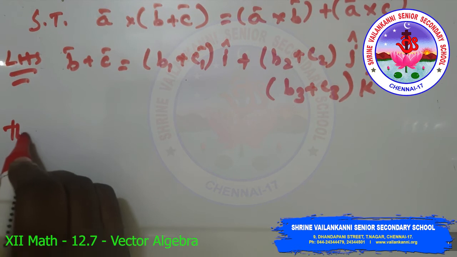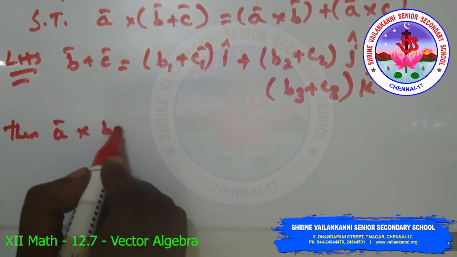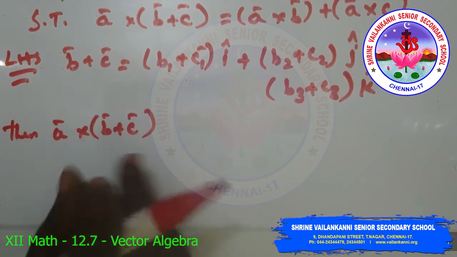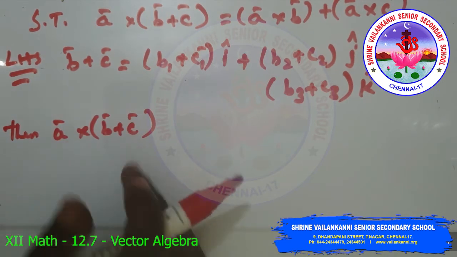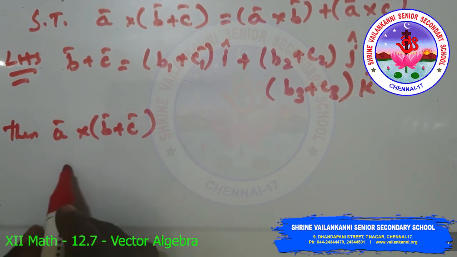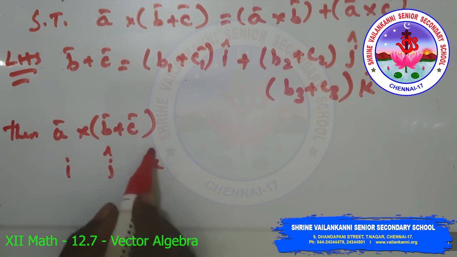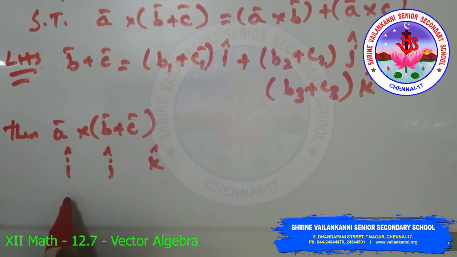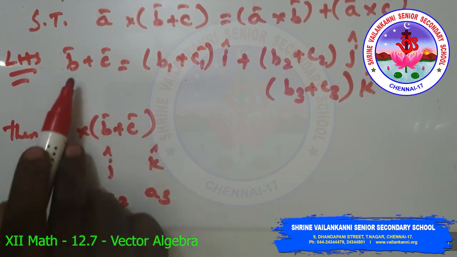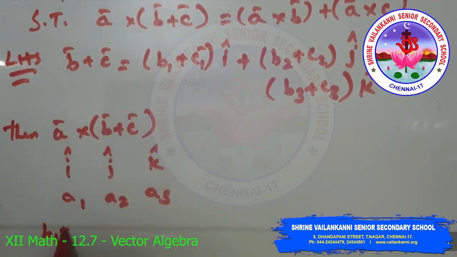Then A cross (B + C), using determinant form with i, j, k, A is A1, A2, A3 and B + C is B1 + C1, B2 + C2, B3 + C3.